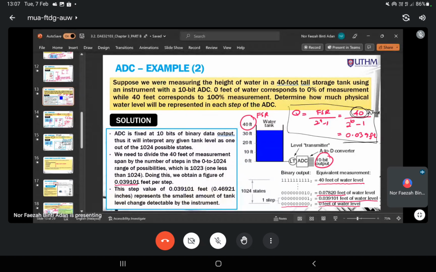You don't have to reconfigure the hardware, you just have to reprogram it. Or you can talk about the flexibility of the system. Basically all the advantages: you can print out your data, you can send the data to another system, for example. There are many advantages of digital systems that you can elaborate on. So that's for chapter 3.